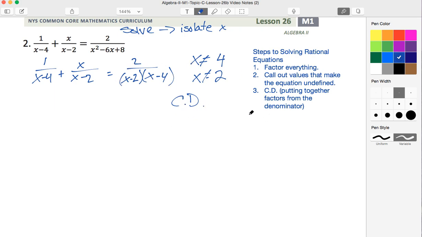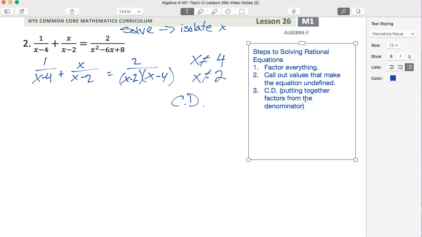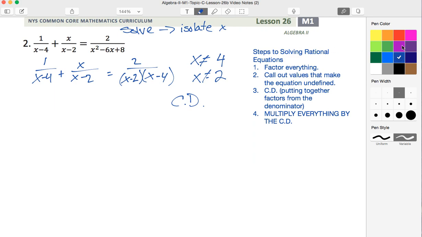There, that was pretty easy. What we're going to do now is a new way that we solve for the expressions, and that is to multiply everything by the common denominator. This is a great skill for you to use, and we're going to walk through why this works.